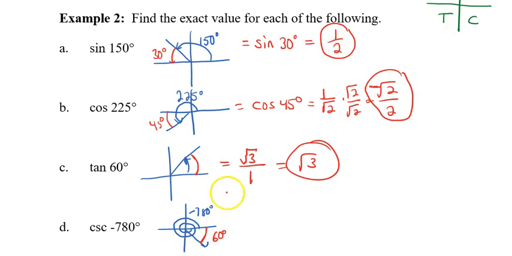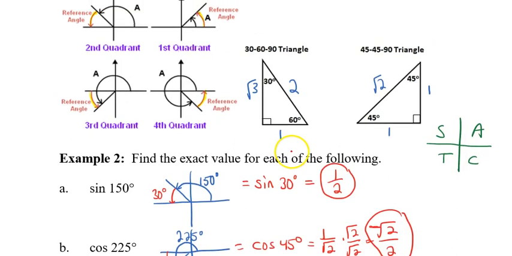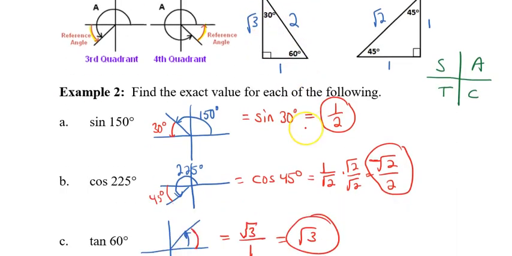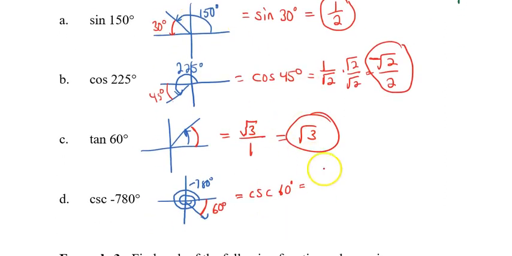So 60 degrees says that now I'm trying to find the cosecant of 60 degrees. And cosecant would be hypotenuse over opposite, so 2 over the square root of 3. So 2 over the square root of 3, and I will have to rationalize that.